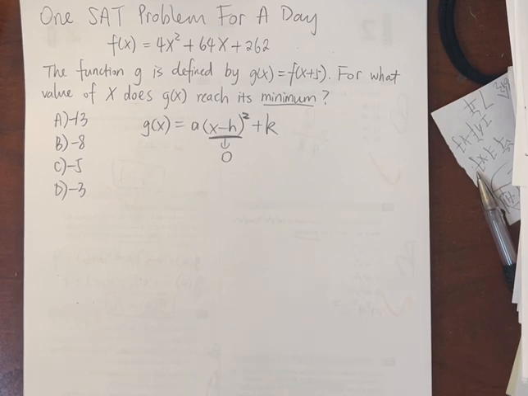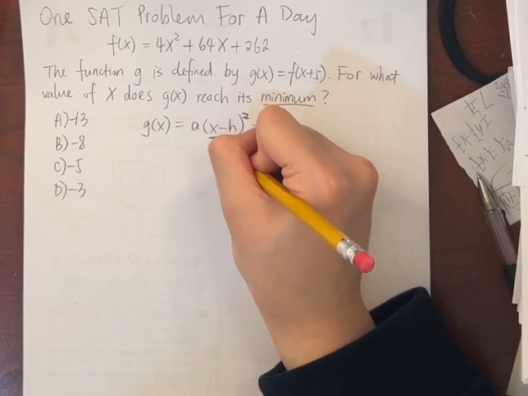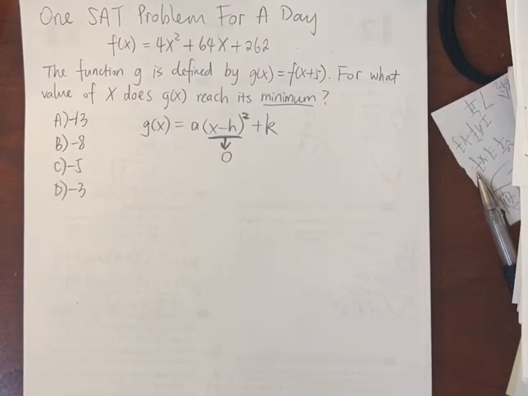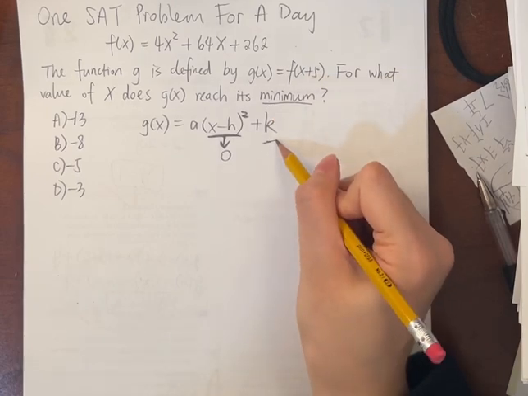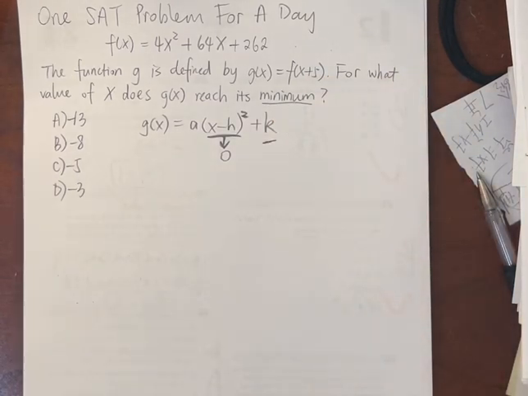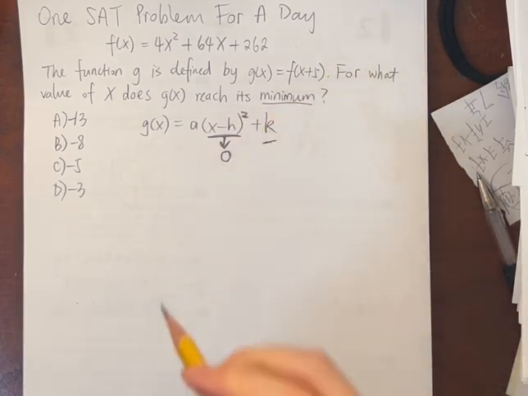So what we're really trying to find is not the x-intercept, but the value that makes the inner part become 0. And the minimum value for the whole function will just be k, which is also the y-intercept. In order to make this happen, we have to make some alterations.